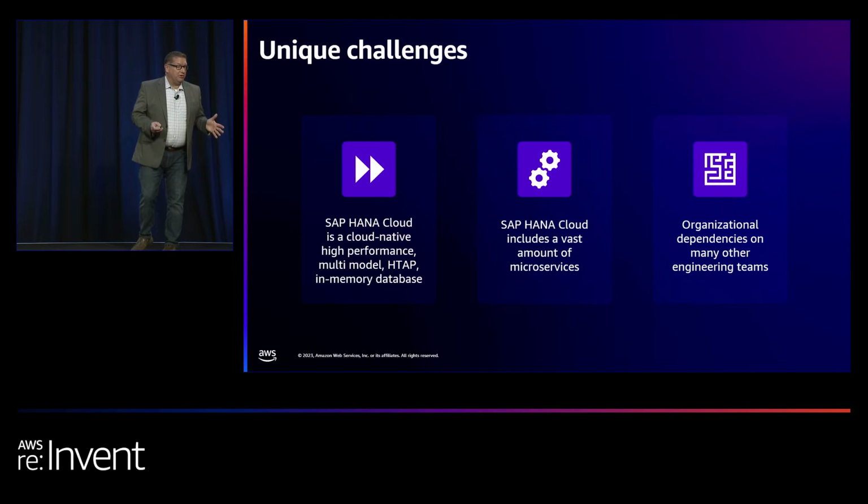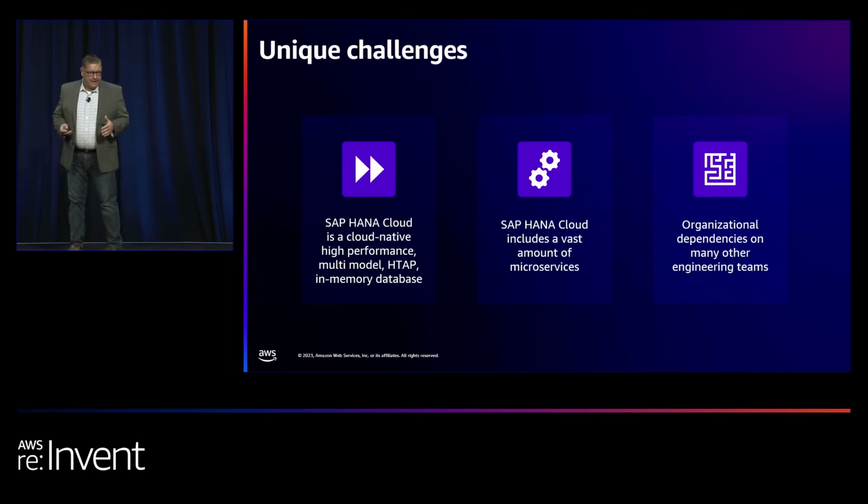And that's really big, which means it's running really important workloads. The other thing, too, that we'll get into more details about is that SAP HANA Cloud has a lot of microservices, just a sheer volume of them. So those needed to be dealt with as we made this port to AWS Graviton.